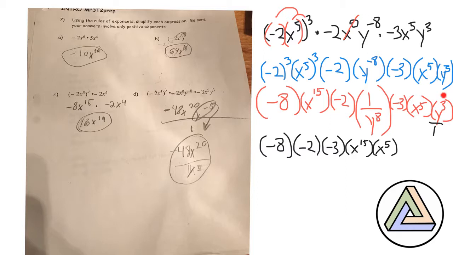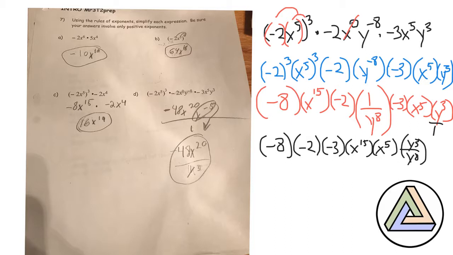So what you have here is a fraction times another fraction. And what do you do when you multiply a fraction times another fraction? Well, you multiply the numerator straight across, and you multiply the denominator straight across. So that would result in y to the third all over y to the 8th.